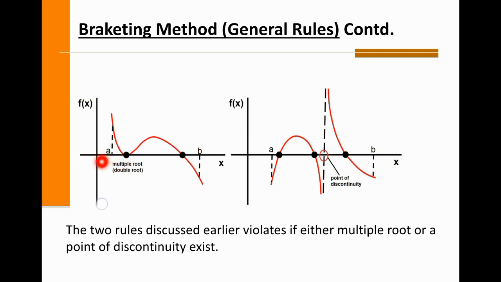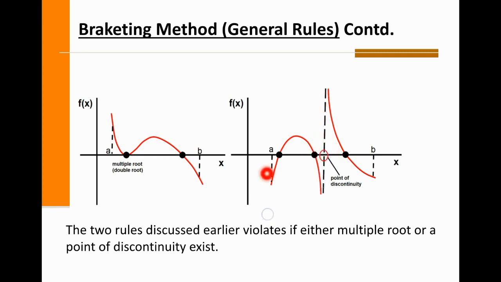You can see at a the function is positive and at b the function is negative, but the number of roots lying between a and b is 3, right? In this case you can see the discontinuity appears here. So this is the point of discontinuity.